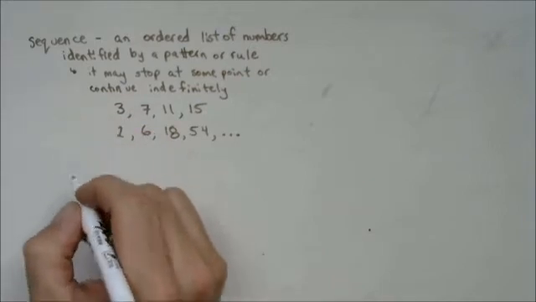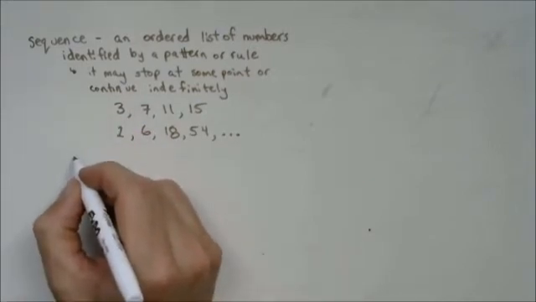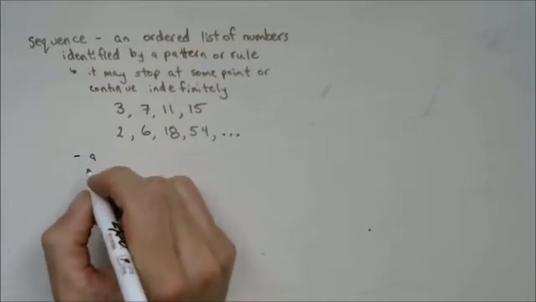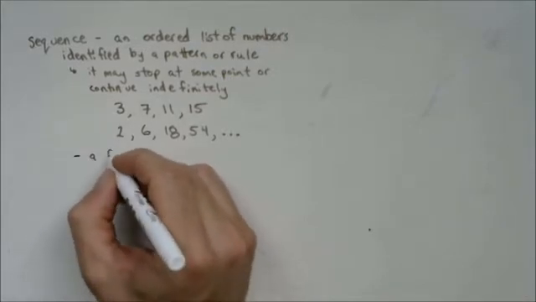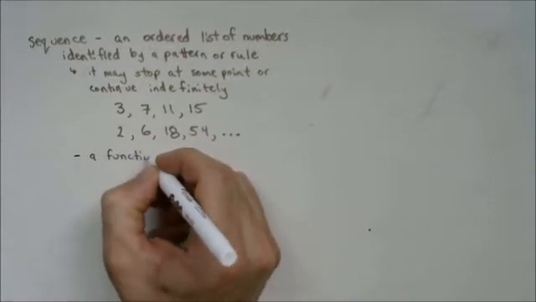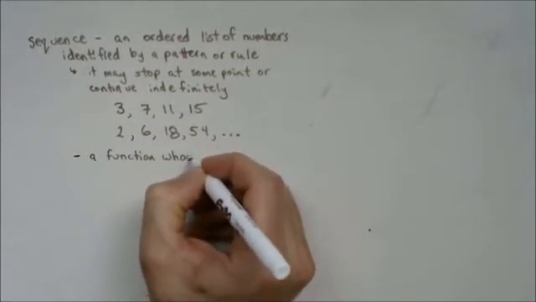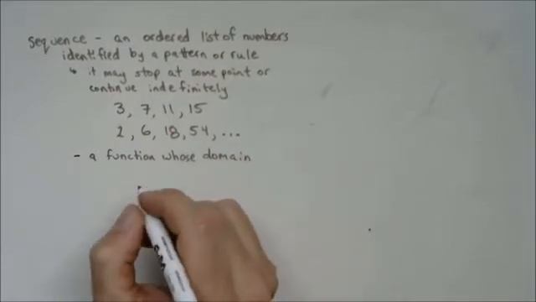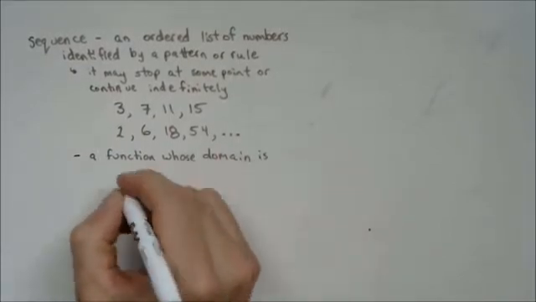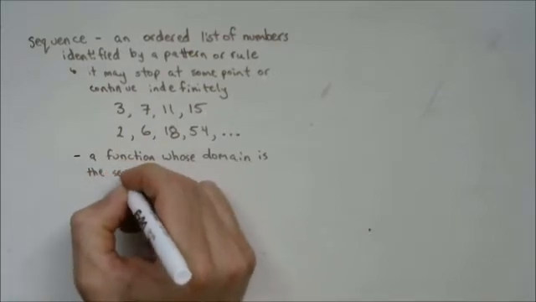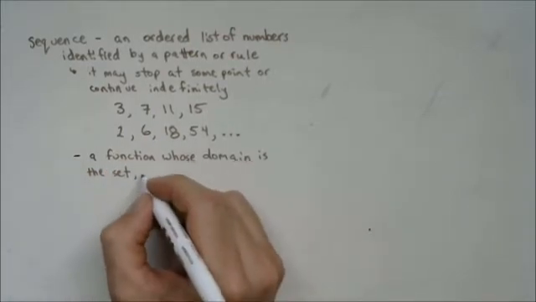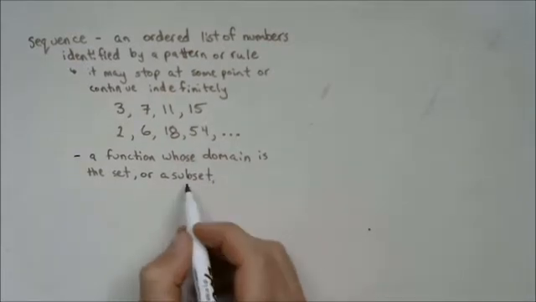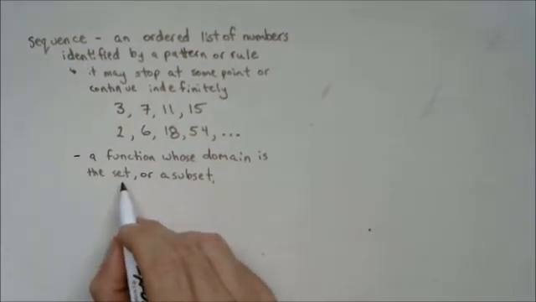A sequence can also, so this should be fairly familiar to us, okay? We can also use the word sequence when we're talking about a function, and sequences as discrete functions. This is a function whose domain is the set or a subset. Subset means it falls within the original set.